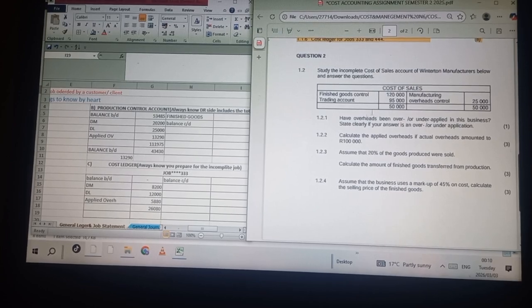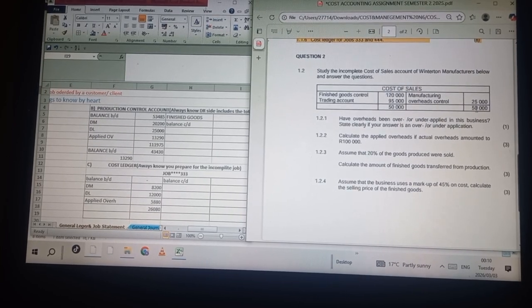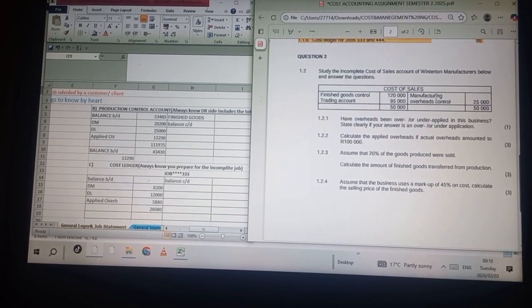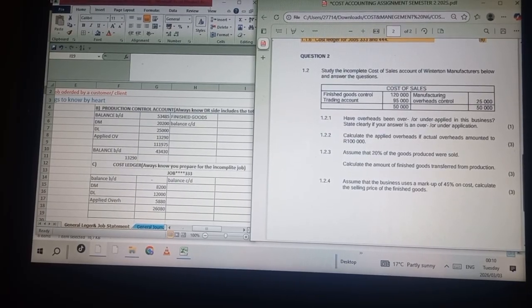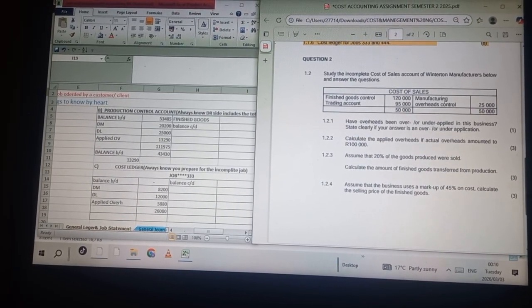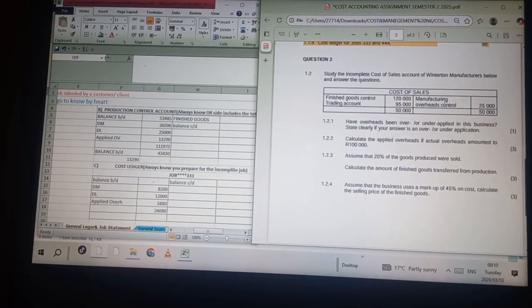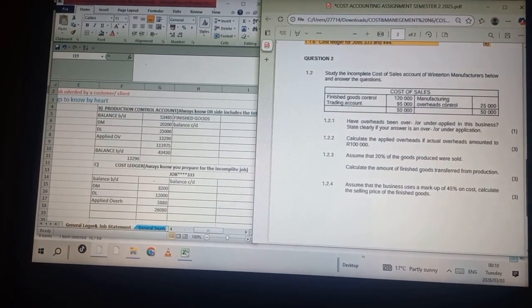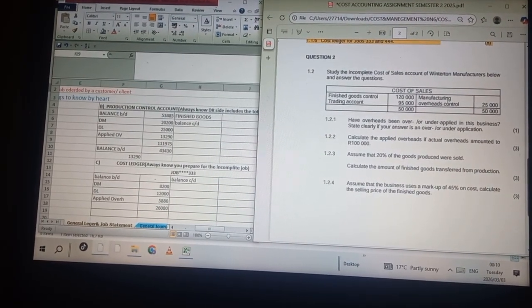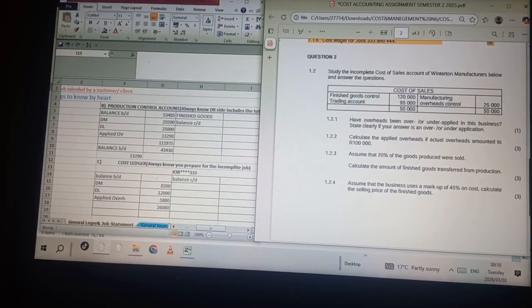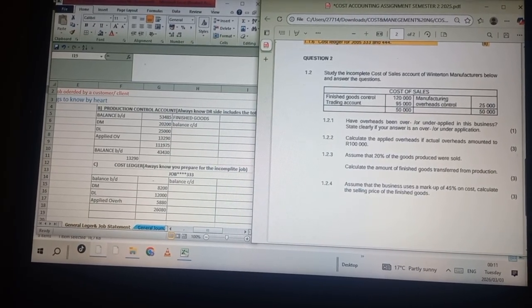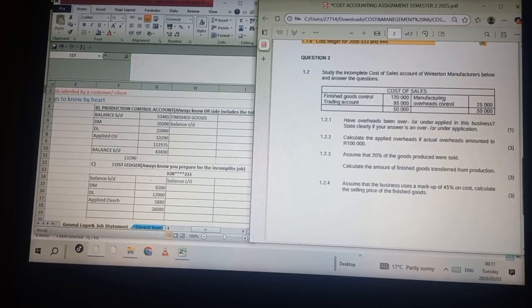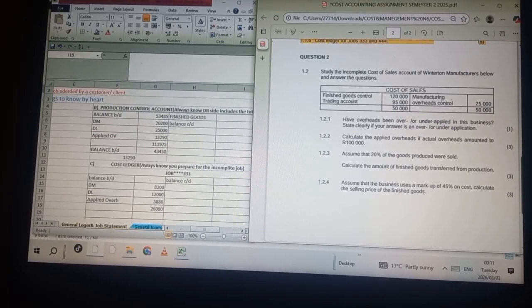This is cost of sales from manufacturing, hence it's written manufacturing overheads. The moment we have cost of sales on the credit side, it means from the manufacturing account on the debit side, it was over applied. Easy like that. 1.2.1 over applied.